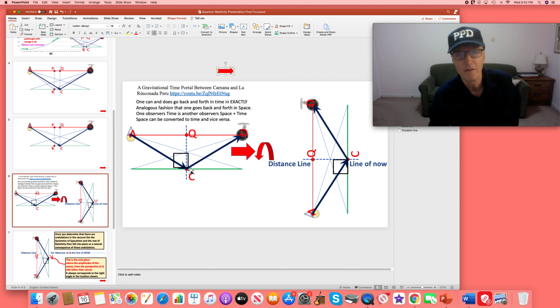This diagram is basically a static diagram, although the light is moving, right?